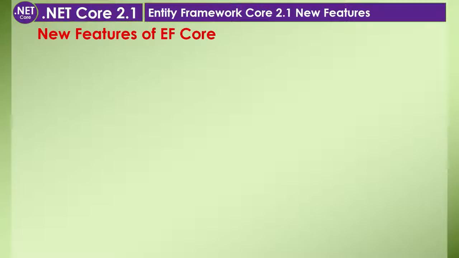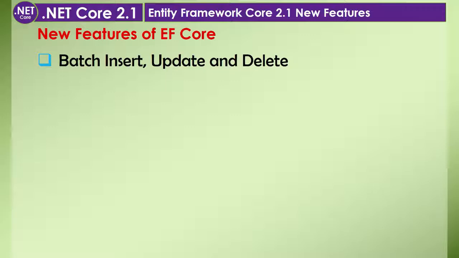So what are the new features introduced in Entity Framework Core? The most significant new feature is batch insert, update, and delete. In the previous version of Entity Framework, when we inserted hundreds or thousands of records, performance deteriorated because it performed a loop inside the framework.